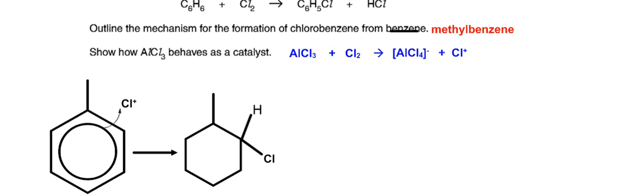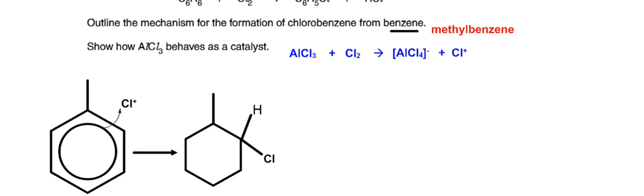This time, I take my smiley and I place it so that the open part of the delocalized ring faces the position where the substitution will occur. So here at position 2, because the methyl group is 2,4 directing, my substitution is occurring at position 2.